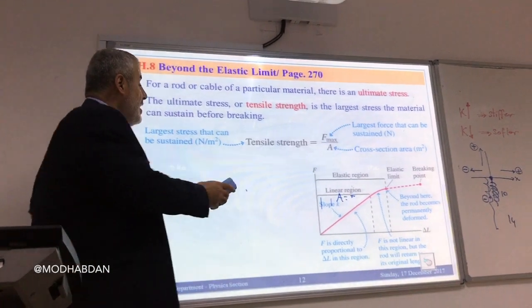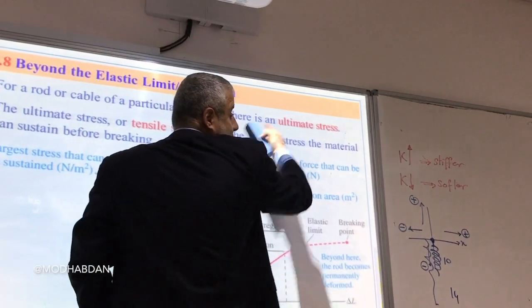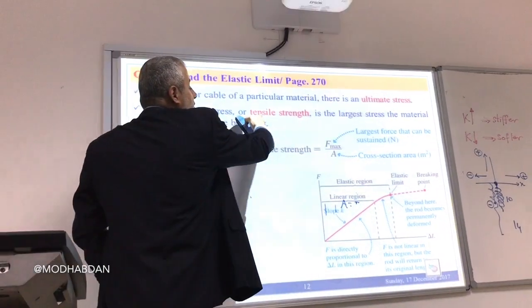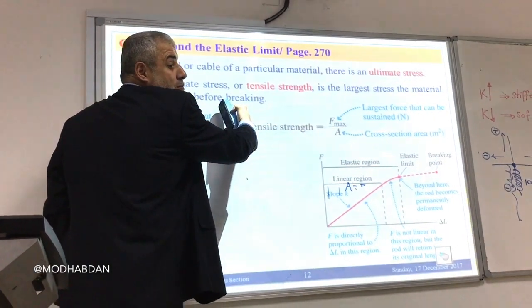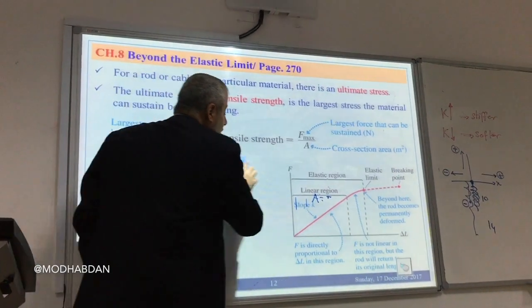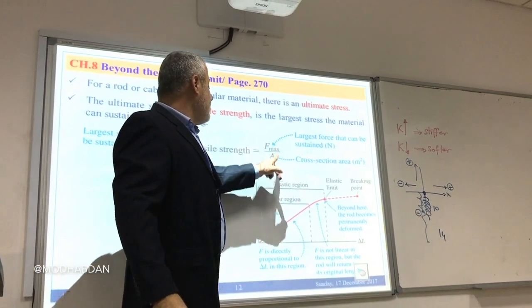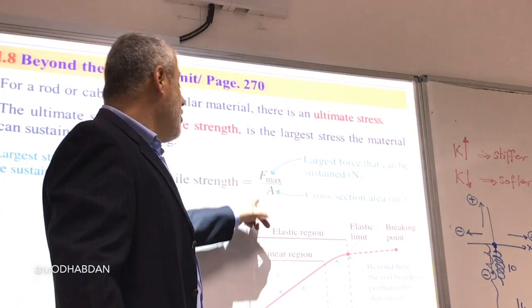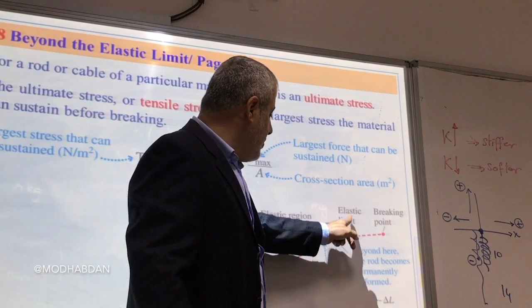For a rod or cable of a particular material, there is an ultimate stress. Ultimate, the maximum. The ultimate stress or tensile strength is the largest stress the material can sustain before breaking. The tensile strength is the maximum force over area, because this is a stress, F over A. Now up to here, this is called elastic.